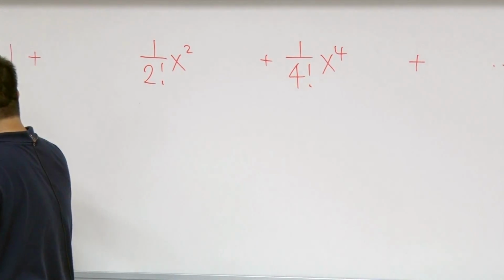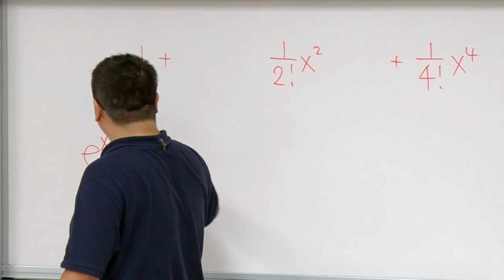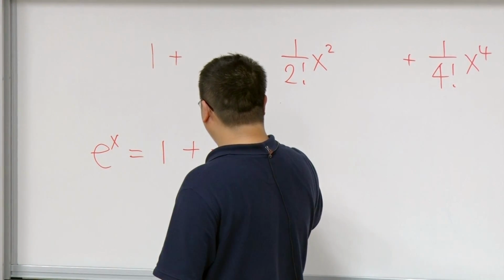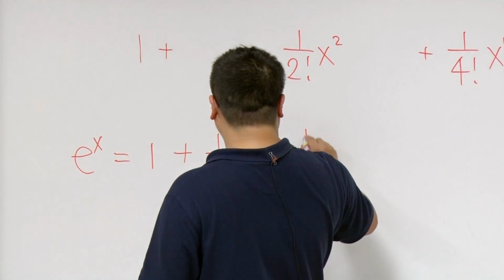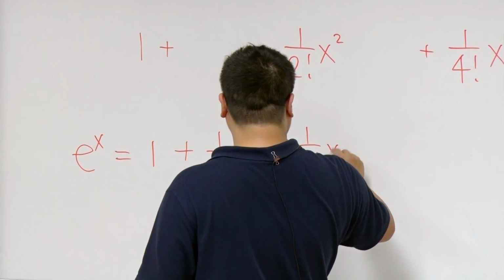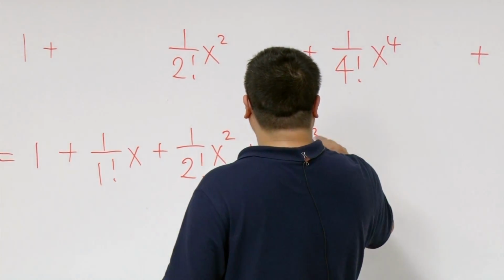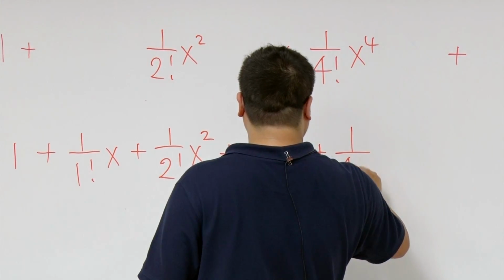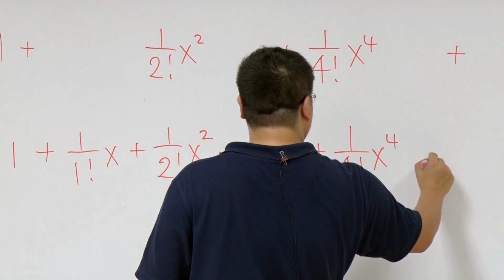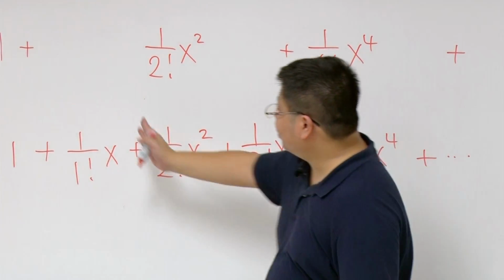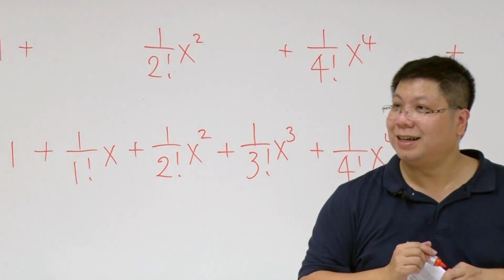What is e to the x? e to the x is equal to 1 plus 1 over 1 factorial x plus 1 over 2 factorial x squared plus 1 over 3 factorial x cubed plus 1 over 4 factorial x to the 4 plus dot dot dot. Is that okay?